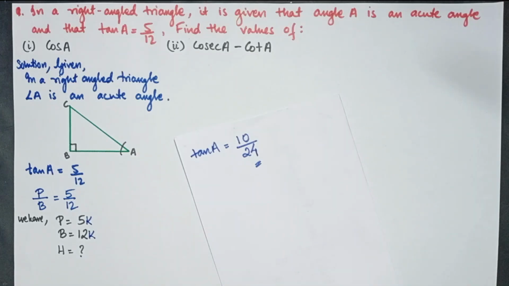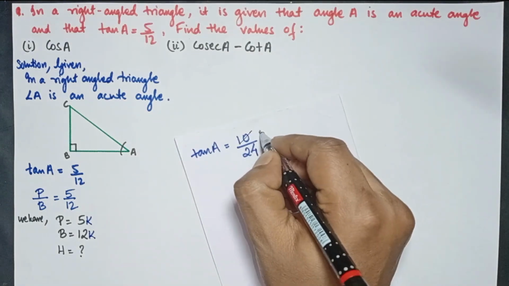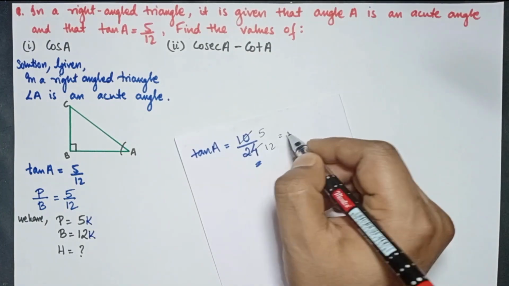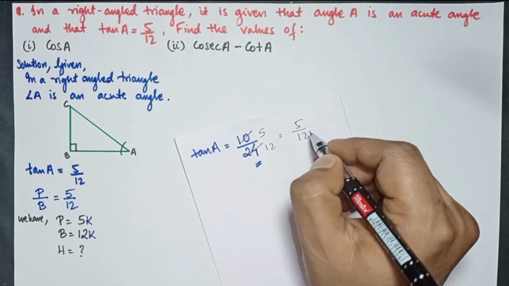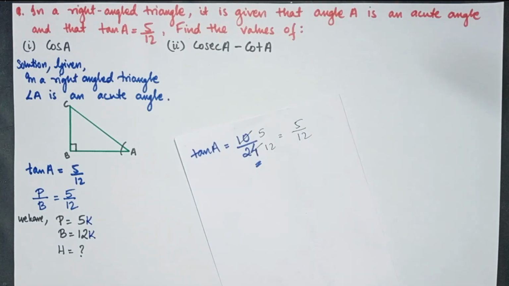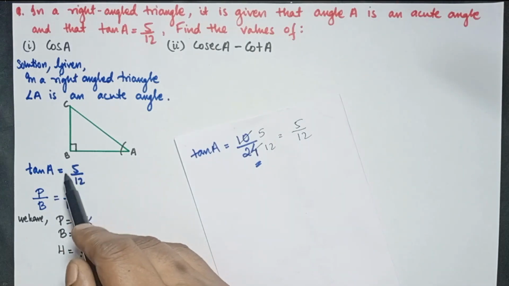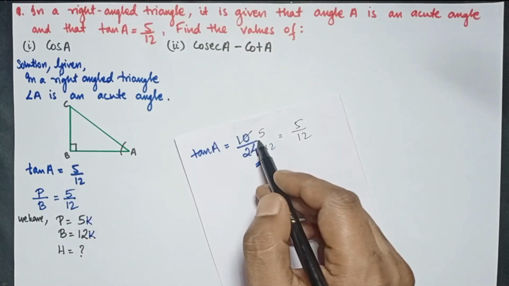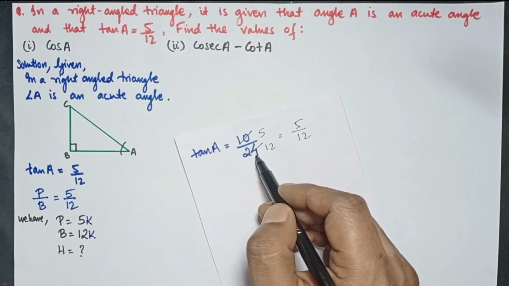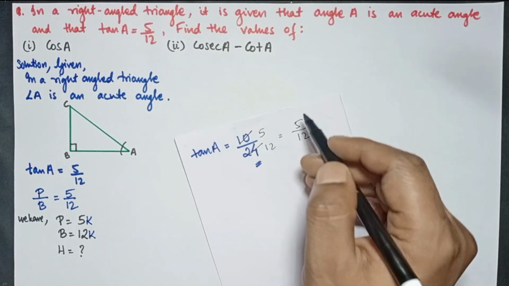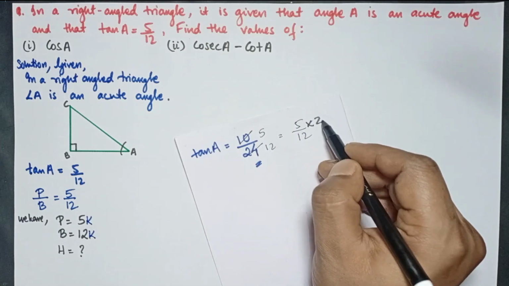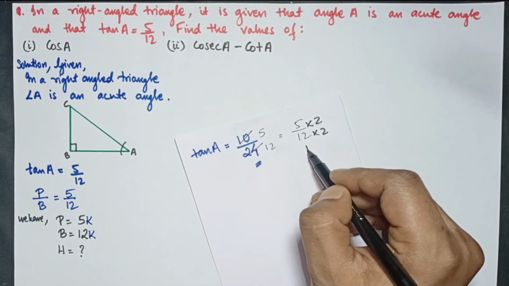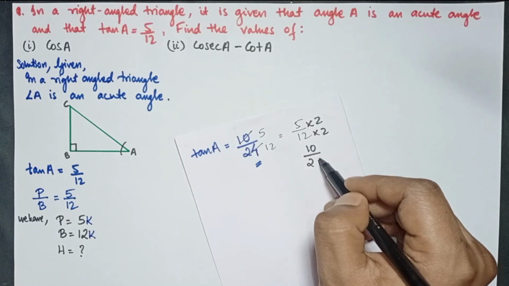If I cancel by 2, 5 2s are 10 and 12 2s are 24, so I get 5 by 12. Can you see here, it's 5 by 12. That means in ratio, 5 by 12 can be taken as 10 by 24 also. To make 10 by 24, I have to multiply by 2 into 2, so I get 10 and 24.